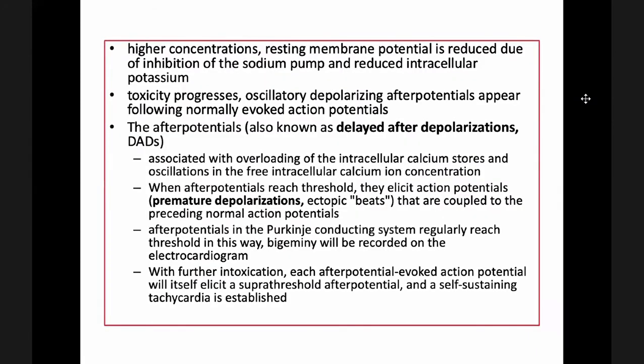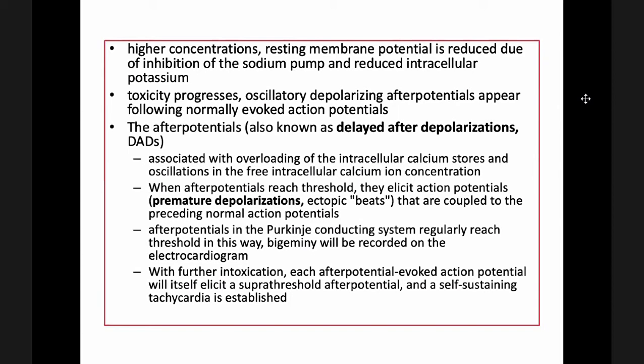So at higher concentrations, your resting membrane potential is reduced due to inhibition of the sodium pump and a reduction in your intracellular potassium. Now, as your toxicity progresses, you'll have oscillatory depolarizing afterpotentials appearing following normally evoked action potentials.